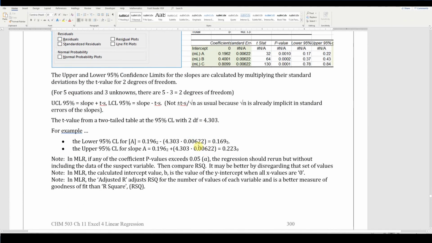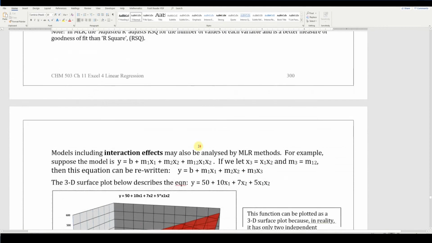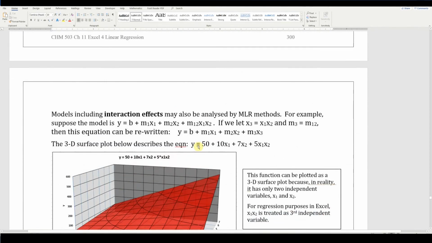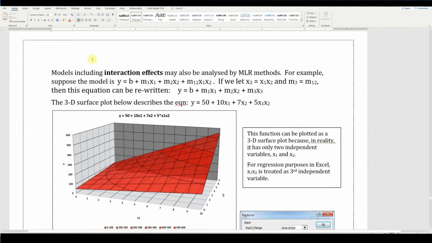I want to show you some more applications, what can be done with MLR. So here on page 301, models including interaction effects can be analyzed by MLR. So what's an interaction effect? Well, look at this equation. Y is equal to B plus M1x1 plus M2x2 plus M12 x1 times x2. There's an interaction here between x1 and x2.